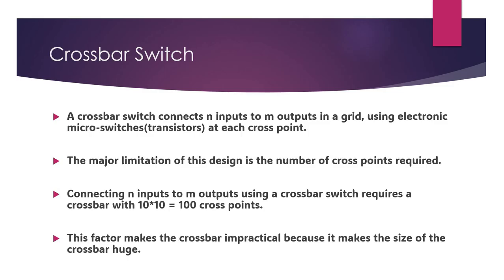Connecting 100 inputs to 100 outputs using a crossbar switch requires a crossbar with 100 cross 100, which means we need 10,000 cross points. This factor makes the crossbar impractical because it makes the size of the crossbar huge.